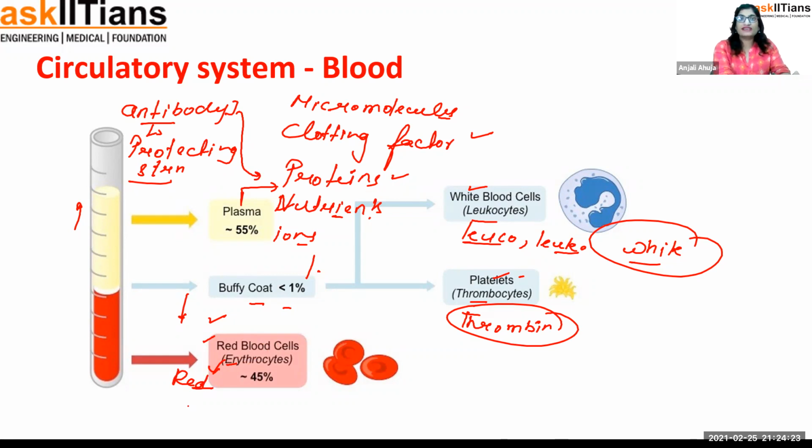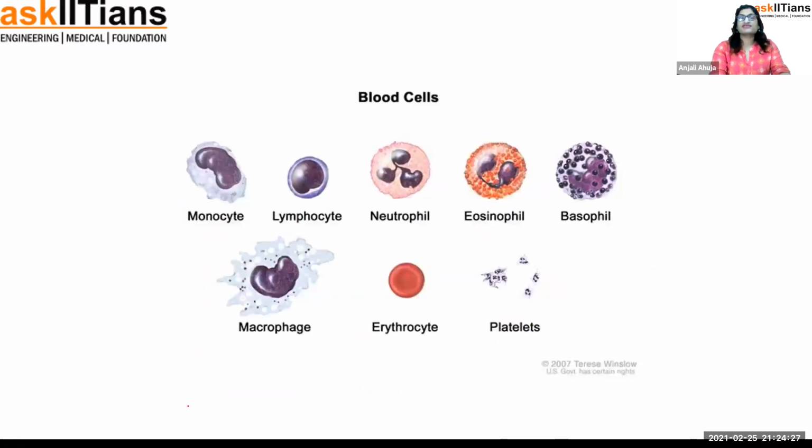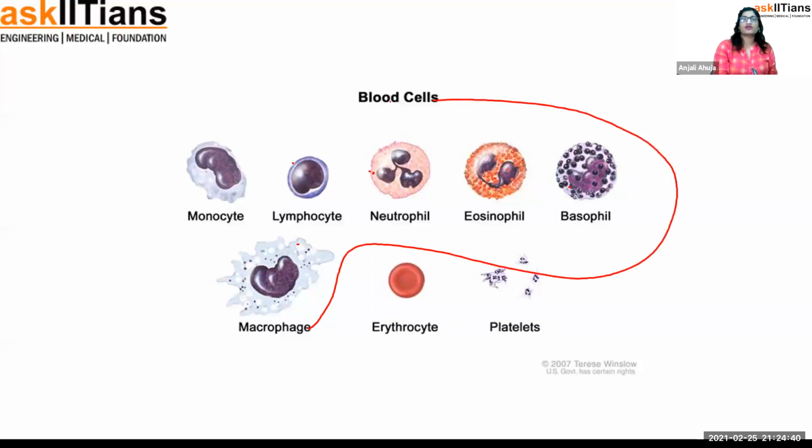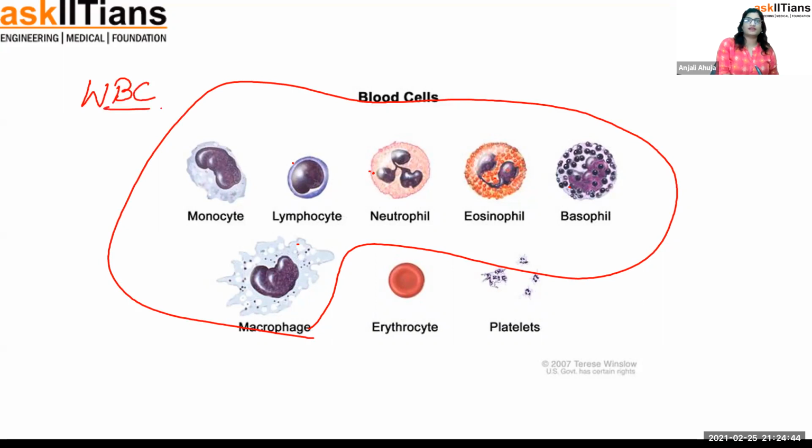Now individually, I'll give you a little information about all of them. First, look at a diagram: monocyte, lymphocyte, neutrophil, eosinophil, basophil, macrophage. These six or seven are all types of WBC. White blood cell is not a single cell, it is a group of cells.